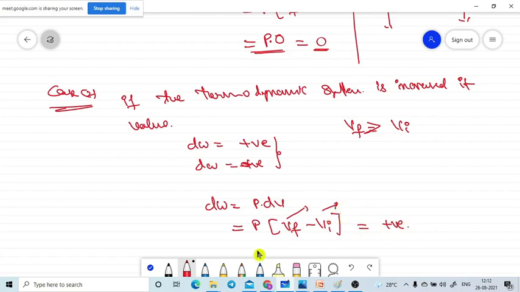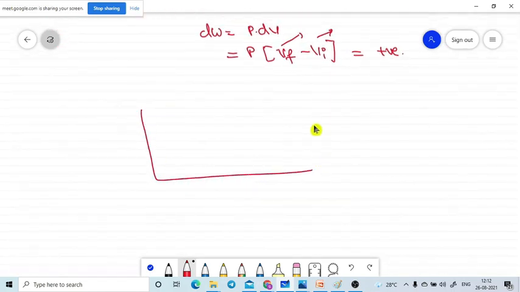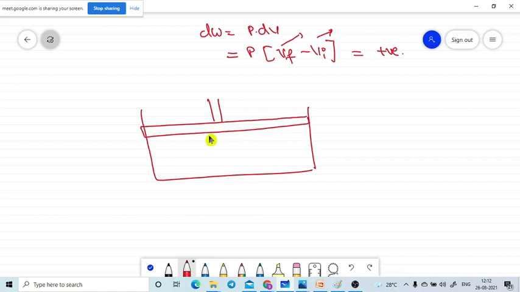Now tell me, how will the system increase its volume? Let me take an example. This is the piston, with the thermodynamic system inside this cylinder. Increasing volume means that due to the expansion of the gas, the piston moves somewhat upward.